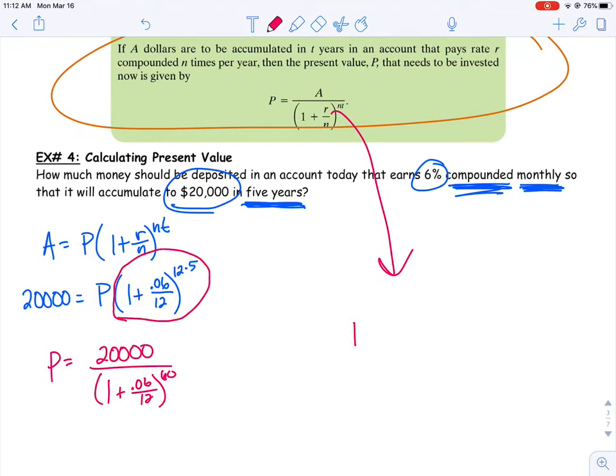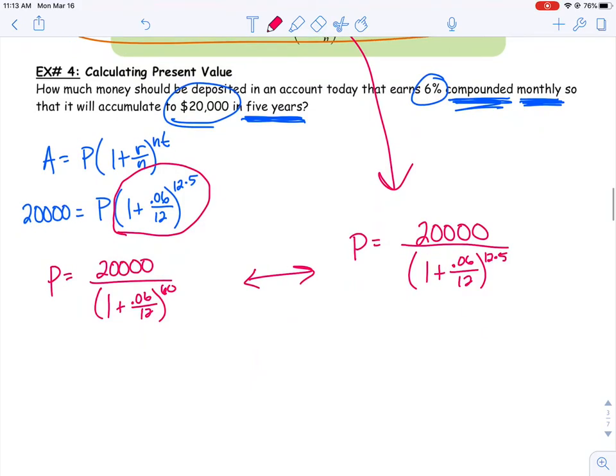So it's kind of already set up for you to solve, but you can do it either way. So we should be able to find the P by taking our ending amount, our future value, which was the $20,000, and then plugging in our interest rate, plugging in how many times a year it's compounded, and for how many years. You notice that they're the same exact formula, just one's already kind of solved for you. So whatever one you prefer, you should still get the same answer.